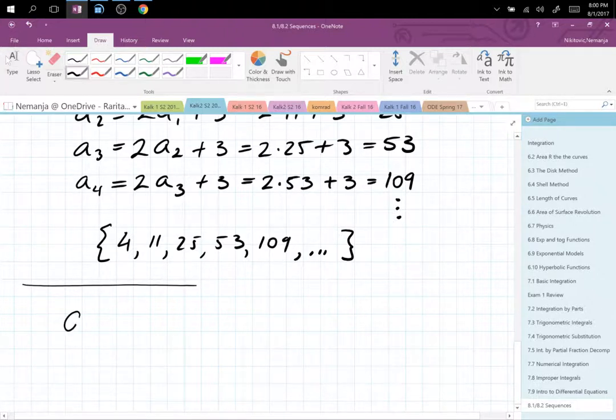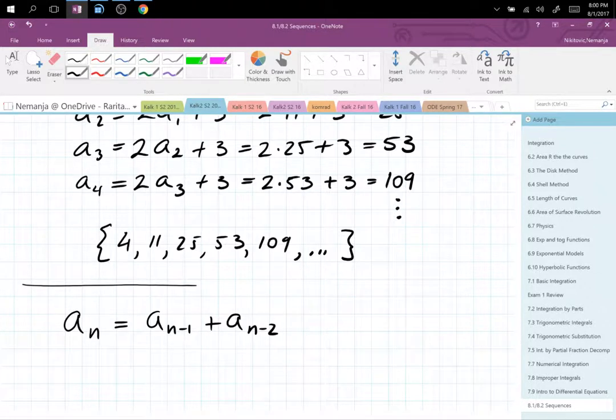So a_n is equal to a_(n-1) plus a_(n-2). So if a_n is the current one, then n minus 1 is the previous, and n minus 2 is the one prior to that one.